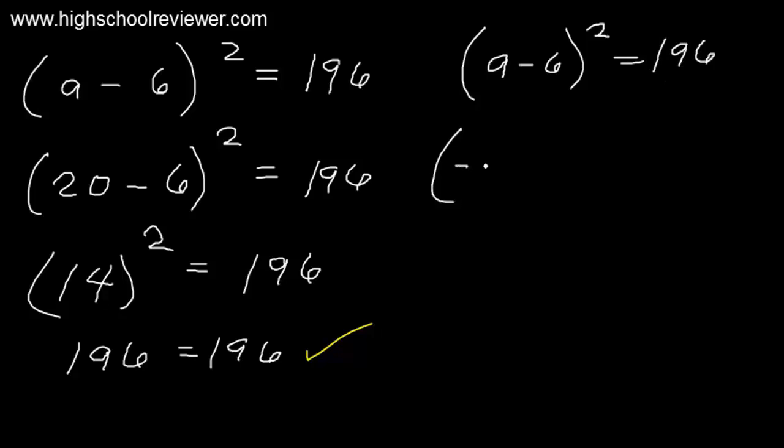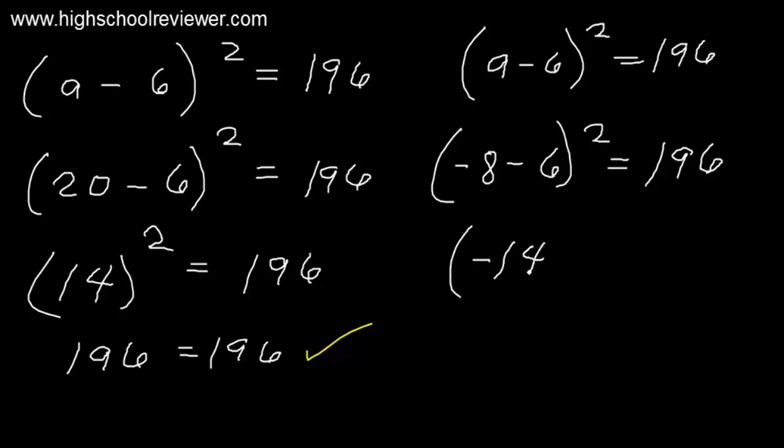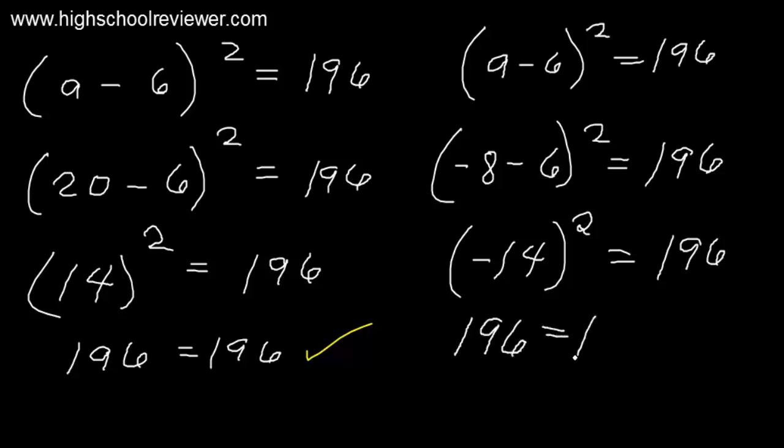Our a here will be negative 8, so negative 8 minus 6 raised to the power of 2 equals 196. Now negative 8 minus 6 is negative 14, and negative 14 raised to the power of 2 is equal to 196. So the value negative 8 is also correct.